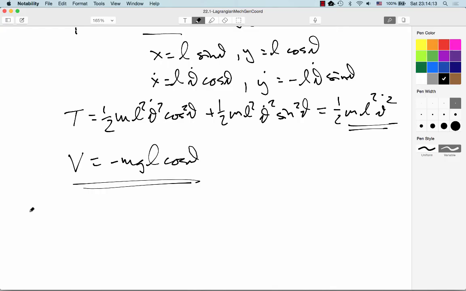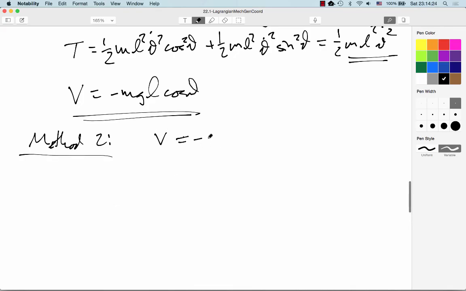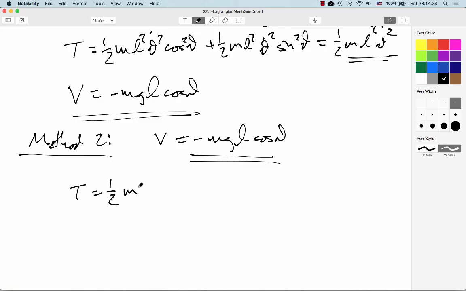Okay, method 2. This is what I mean about the potential energy coming naturally. You would have probably just written that immediately, so we'll just go ahead and say we did. And then for the kinetic energy, we could write 1/2 m v dot v.